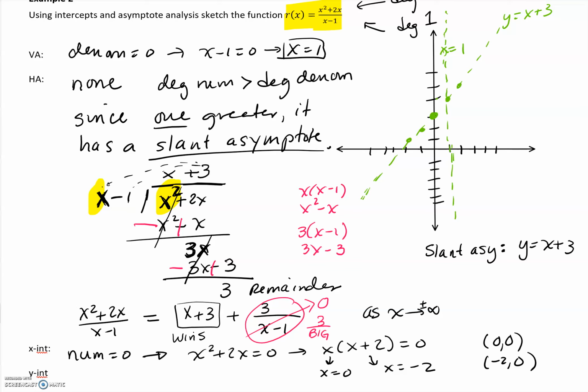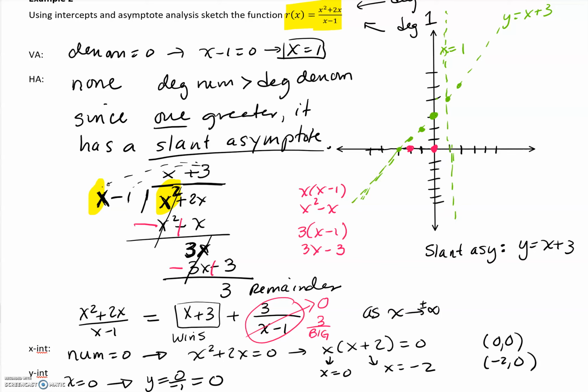And then for my y-intercept, I'm going to make x equals 0. So that looks like it's just going to be y equals 0 over negative 1, which is 0. So I have these two dots on my graph. I have 0, 0, and I have negative 2, 0. So negative 2, 0 is here.